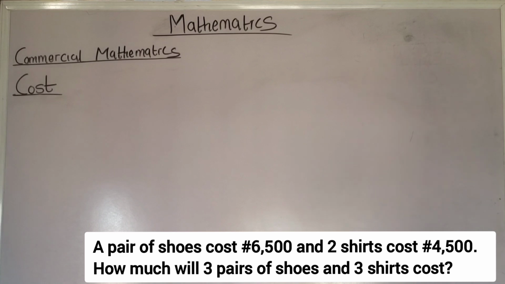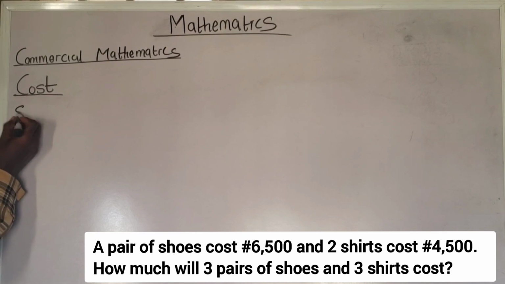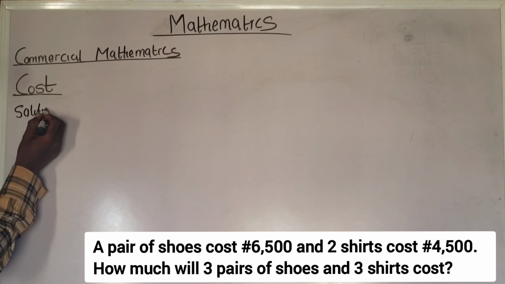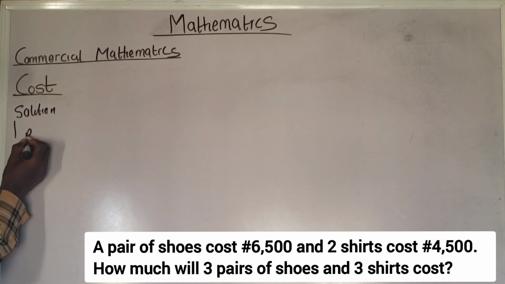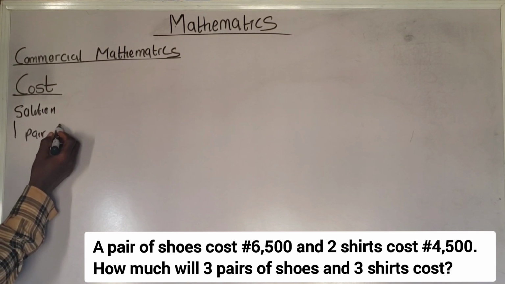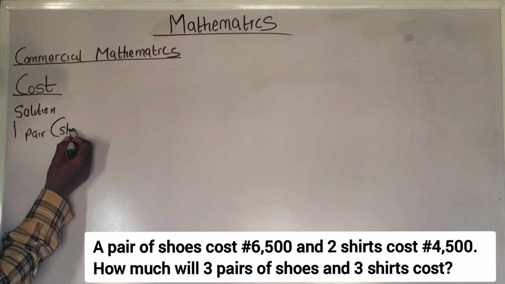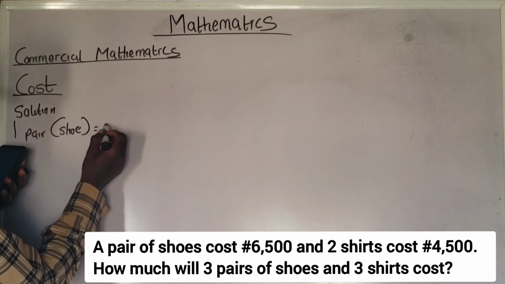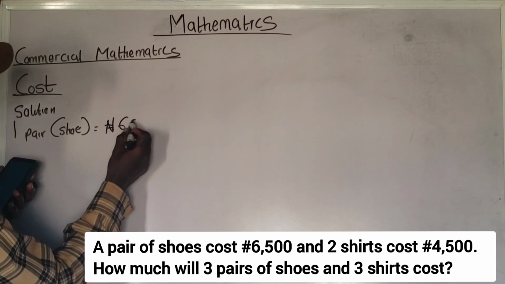Okay, let's start by writing out the information that we are given in the question. We are given that a pair of shoes costs 6,500 naira. So one pair of shoe will be 6,500 naira.